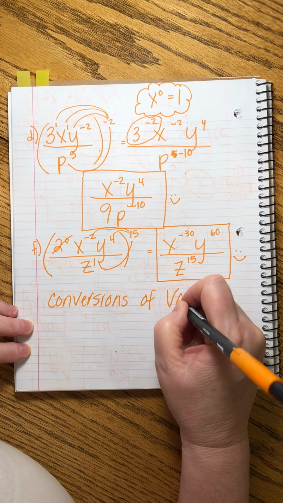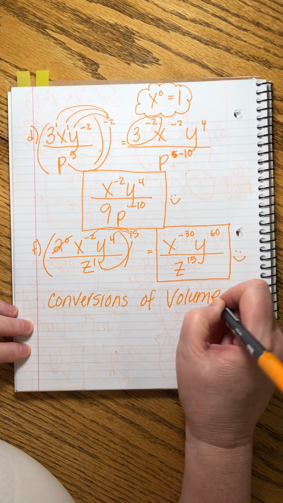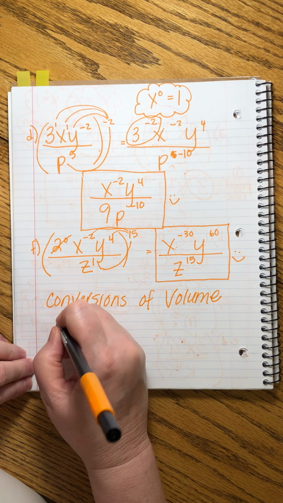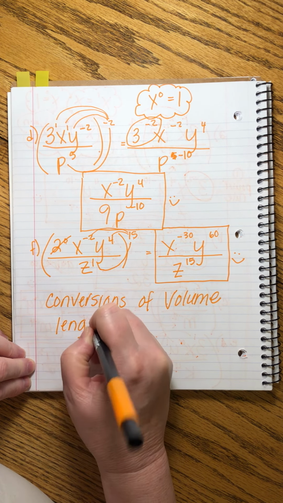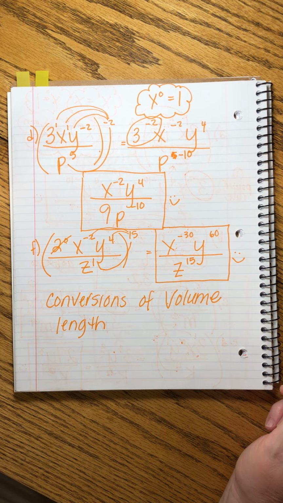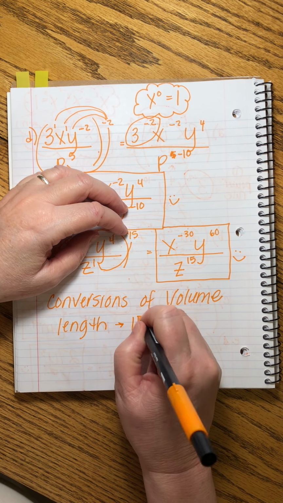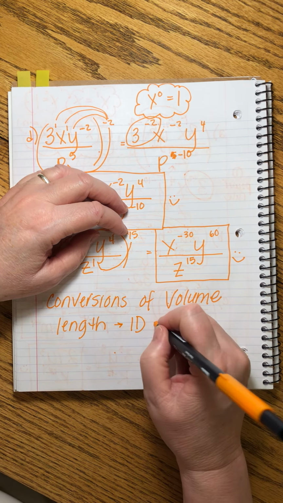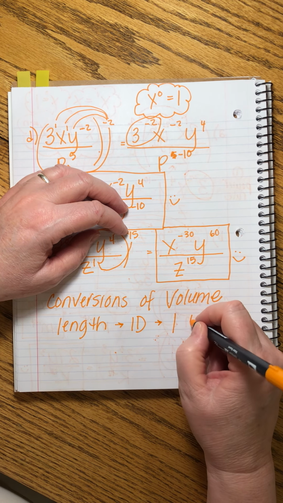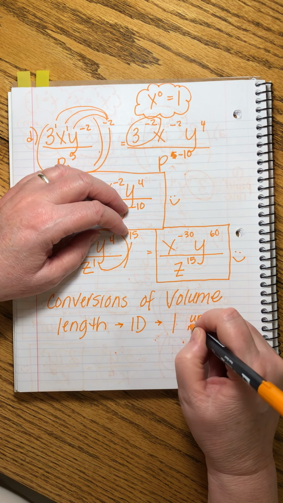I'll tell you what you already know about that. You know how to convert length. We use unit multipliers, and we use things like inches and feet and miles and centimeters and meters. And we're just converting length. We're working in one dimension. And when we do that, we use one unit multiplier.